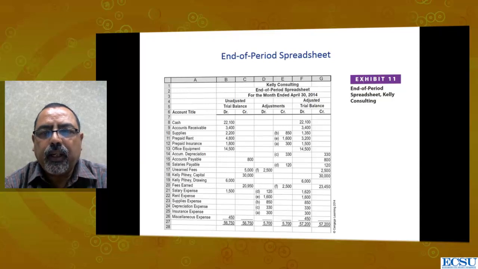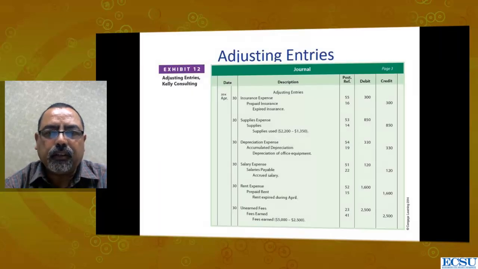And sometimes we extend the adjusted trial balance into income statement and the balance sheet figures in the same worksheet. So that helps us to have an overview of everything that's going on in the organization.